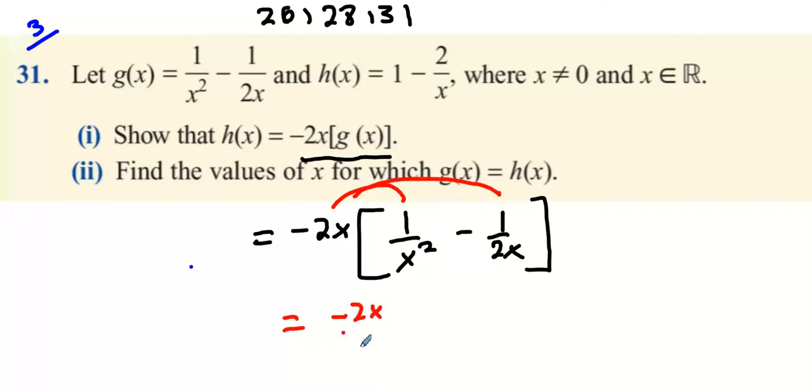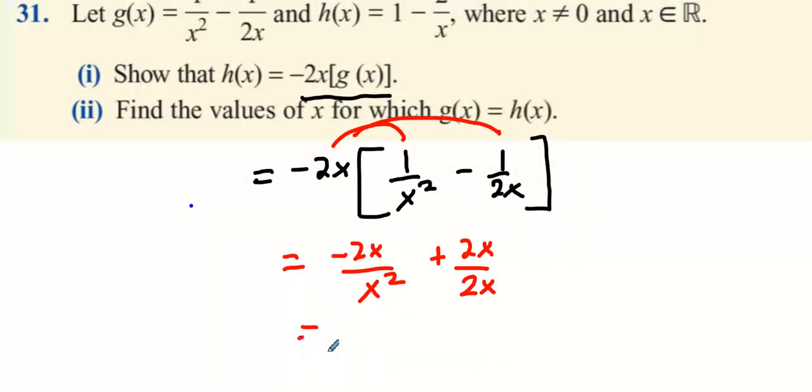Minus 2x over x squared. And then what's a minus times a minus? Plus 2x over 2x. What's 2x over 2x? 1. And what's 2x over x squared?